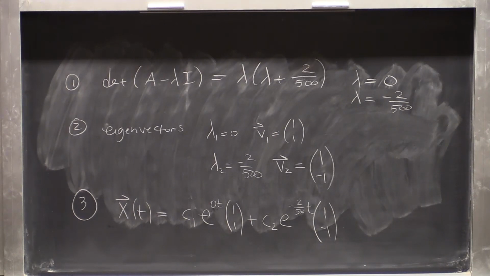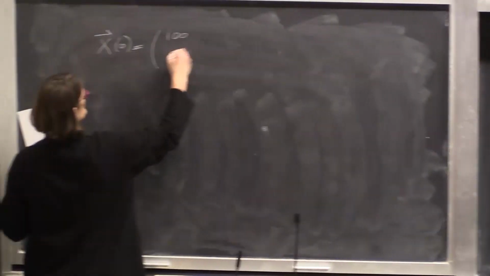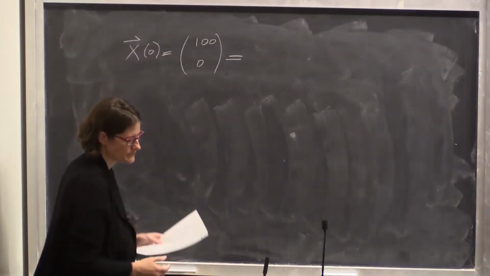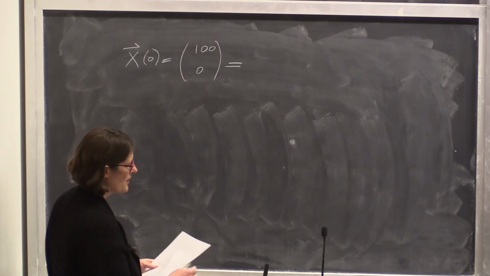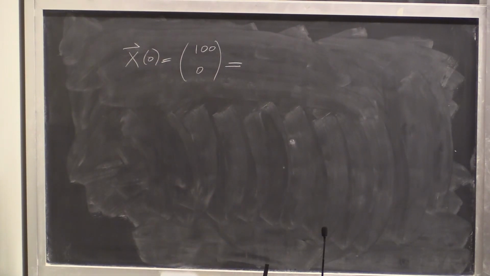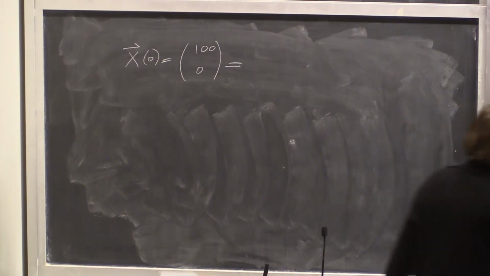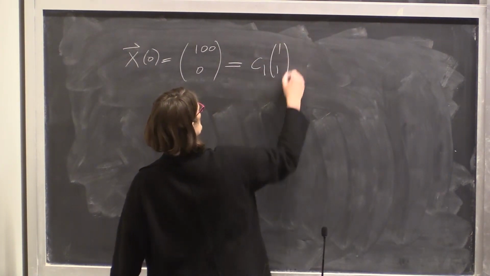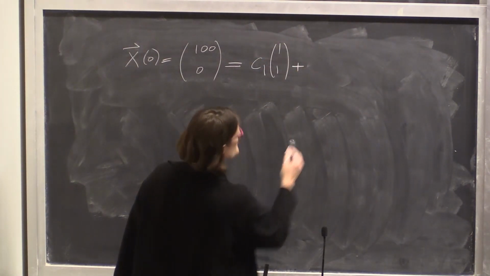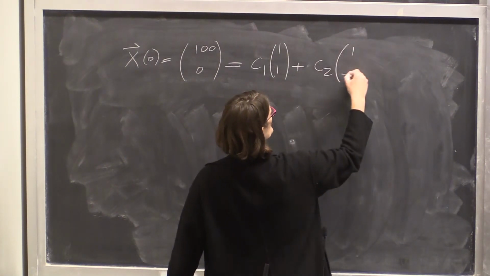Now we need to satisfy the initial condition. The initial condition is that the vector at time 0 should be (100, 0). I plug t equals 0 in right here, and I get c1 times (1, 1) plus c2 times (1, minus 1).